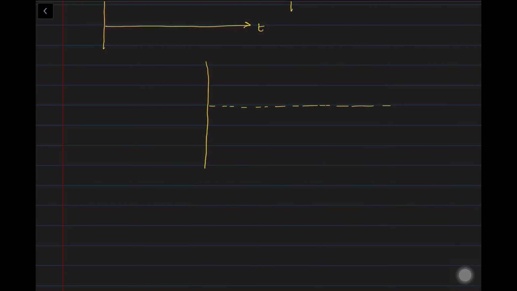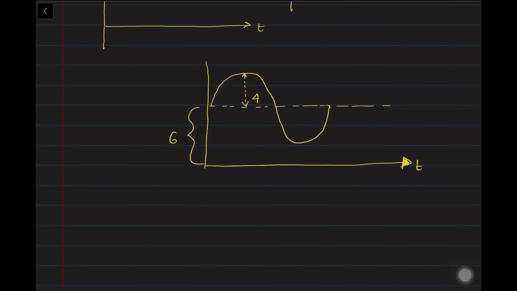For that, first let me draw the graph and then I will explain how I drew this. So this is 4 and this is our real reference line, which is our time axis, and this part is 6 and this is voltage V.